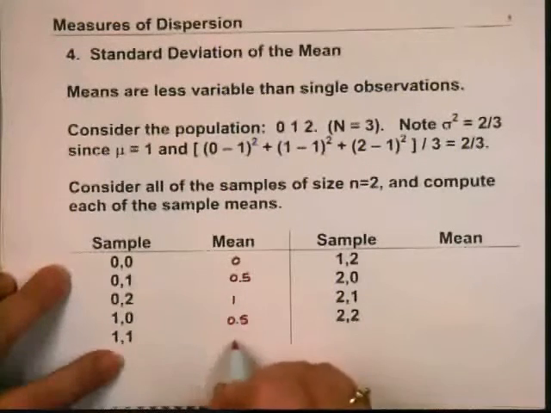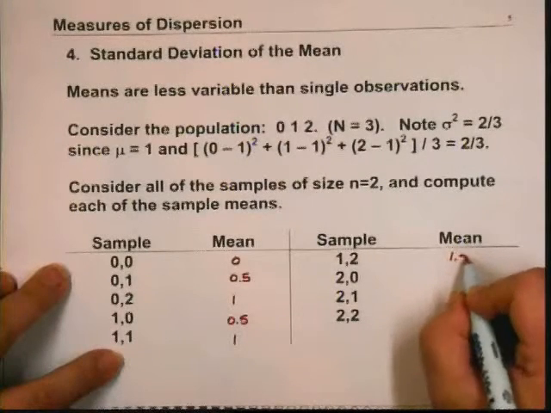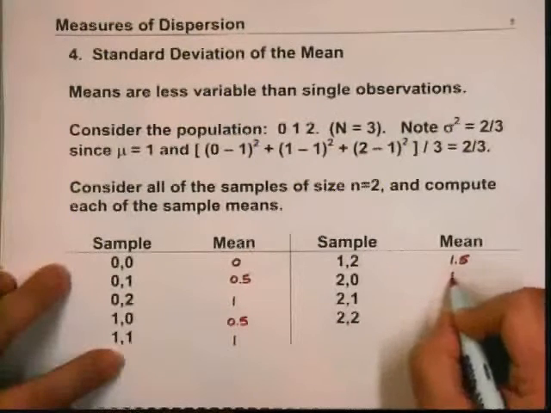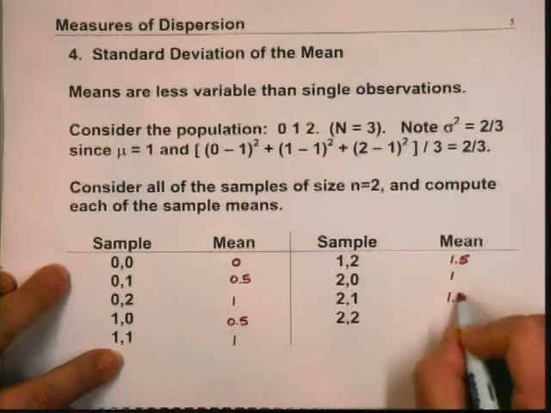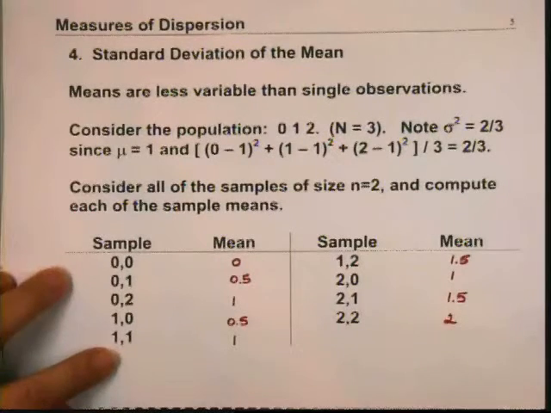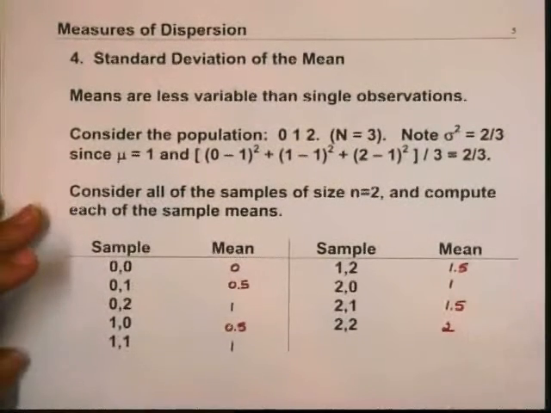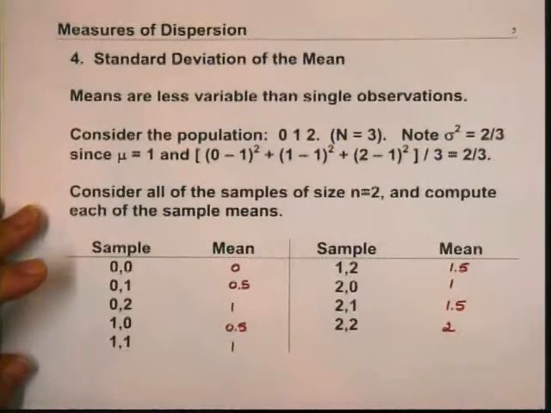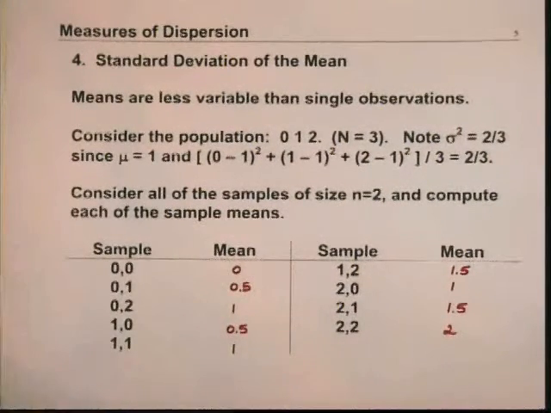Here I have a y-bar value of 1, a y-bar value over here of 1.5, 1, 1.5, and 2. You agree? So I go through all of this. These are all the possible samples of size 2. So this is the population of all the y-bars, isn't it? All right.